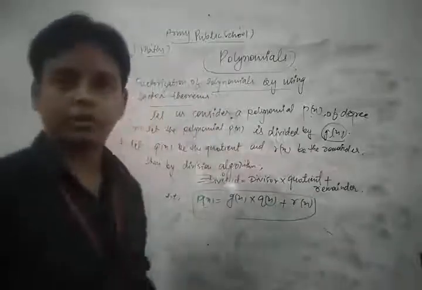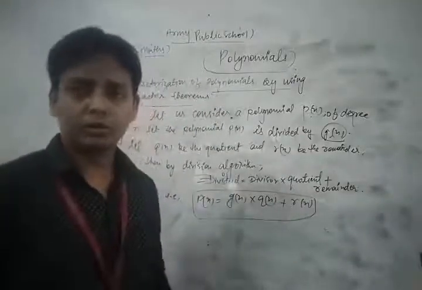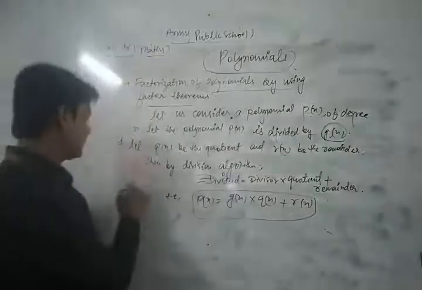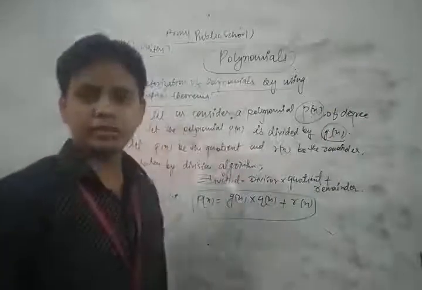In this topic we use that concept, and one of the most important things is that if x minus a is a factor of the polynomial, then in that condition the remainder will be 0. The remainder is always equal to 0 when the given value is a factor of the polynomial.